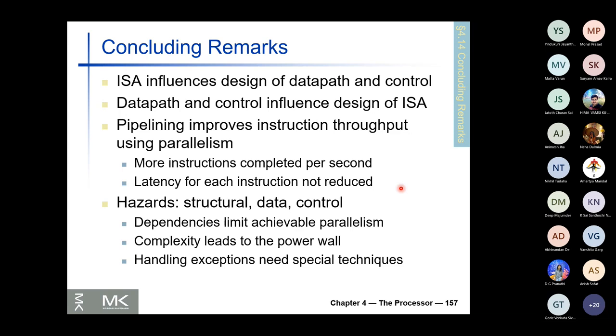Handling exceptions, like interrupts, that disturb the pipeline needs separate discussion. A lot of research has been done in handling exceptions in a pipelined machine, and that is taken care of in the advanced architecture course.